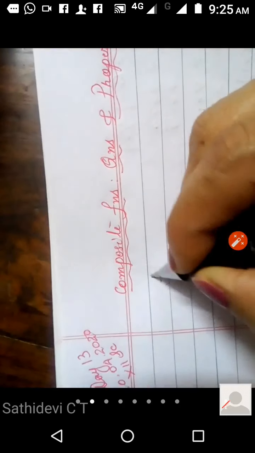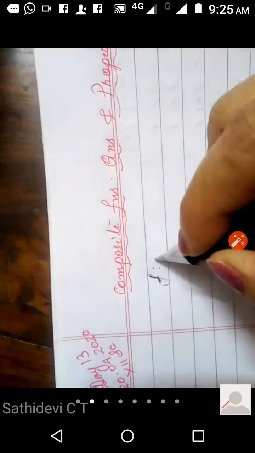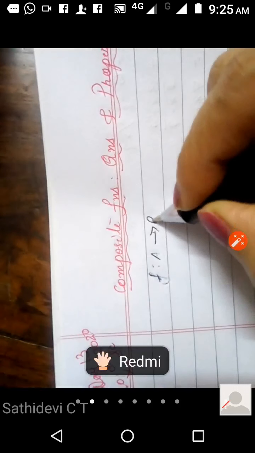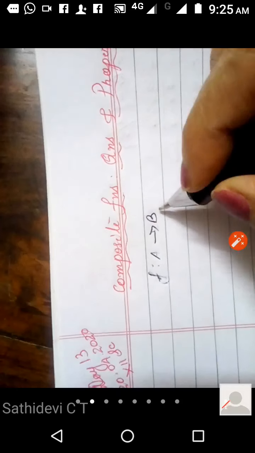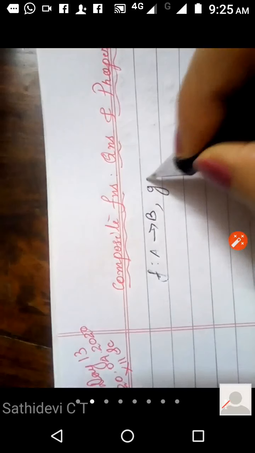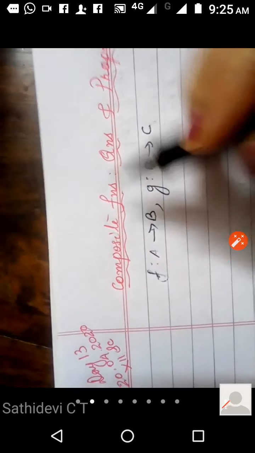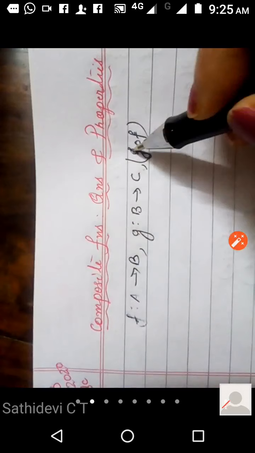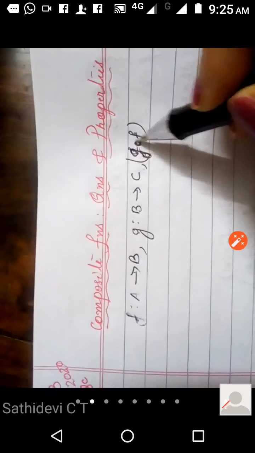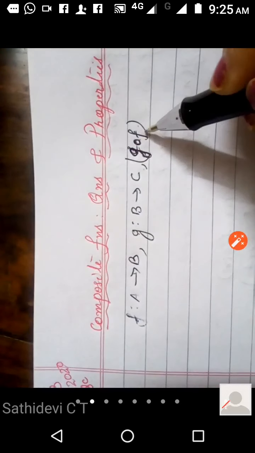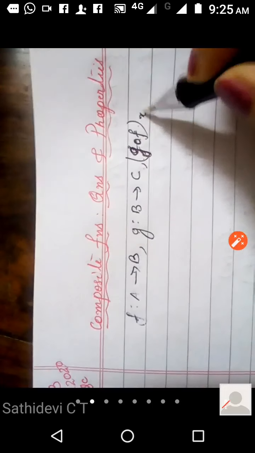F is a function from A to B. G is a function from B to C. Then composition of F and G, which is denoted by G composite F. Symbolically, G will be written first, and you read it as composition of F and G, operated on the element.